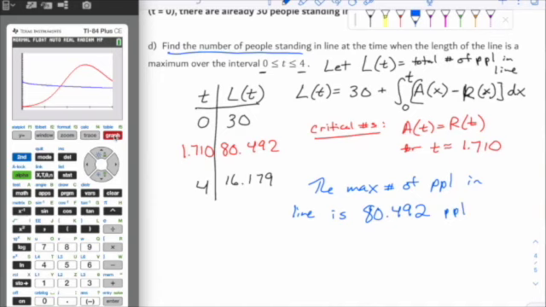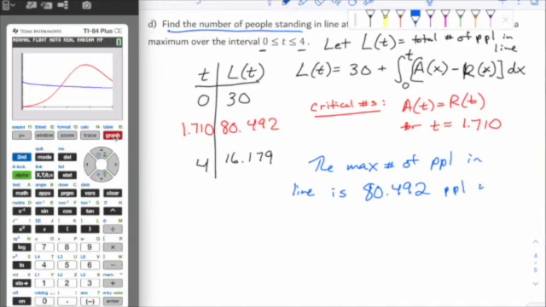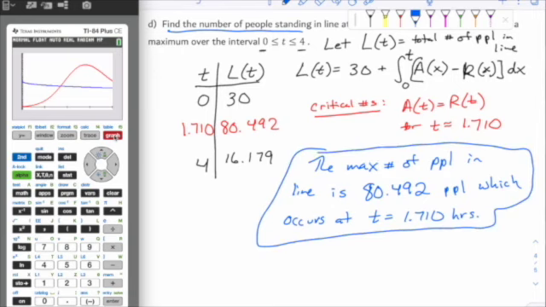And sometimes I like to include, just to cover myself, which occurs at t equals 1.710 hours. So there's the final answer, and you've answered the question in full there, maybe even a little extra, but you got yourself covered either way.